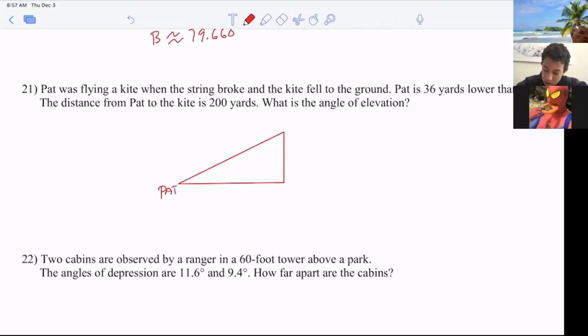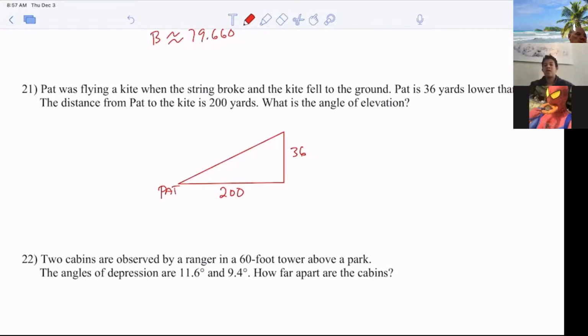If this is Pat right here, Pat was flying a kite when the string broke and the kite fell to the ground. So Pat is 36 yards lower than the kite. Oh, I think what they're saying, lower meaning this. Yeah, I'm not a big fan of that. Well, wait a minute. It could be like on a hill.